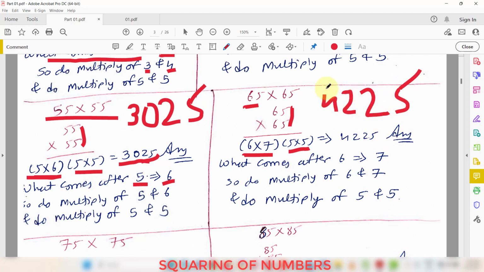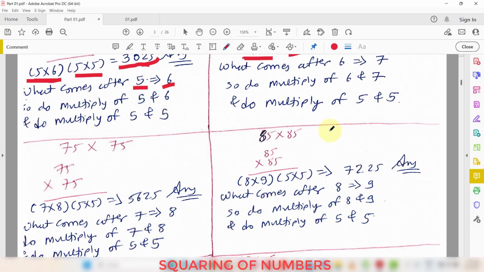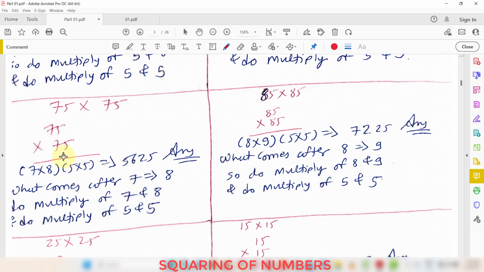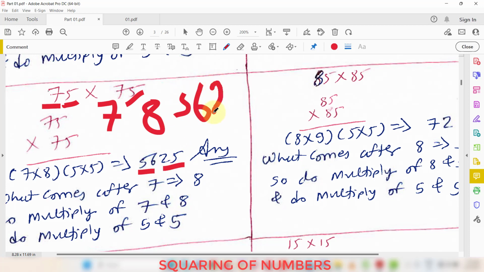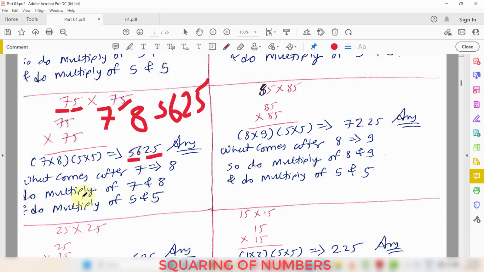Okay, 4225, this is my answer, right? Similarly, let's go for 75. What number comes after the 7? That is 8. So 7 times 8 is 56, and 5 times 5 is 25. So my answer should be 5625.